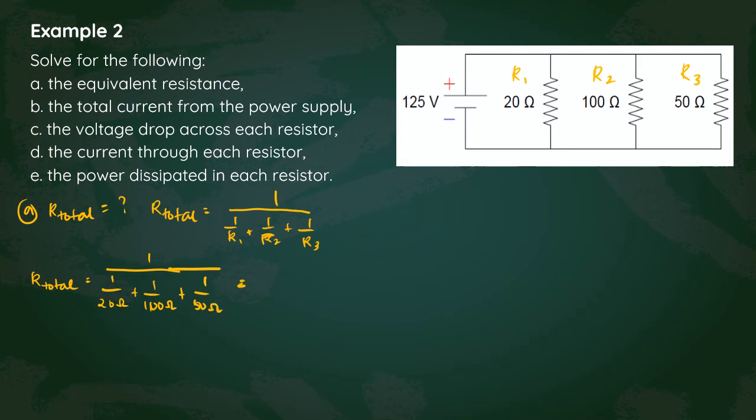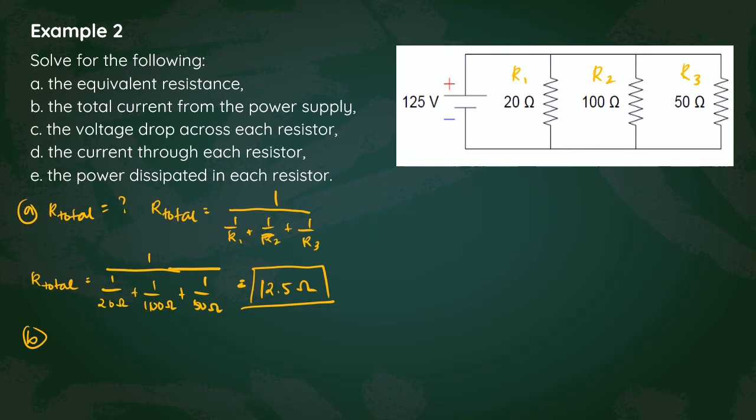So your R total for this case will be equal to 12.5 ohms. That's 12.5 ohms as the equivalent resistance for the combination of resistors in parallel connection. Now for B, solve for the total current from the power supply.